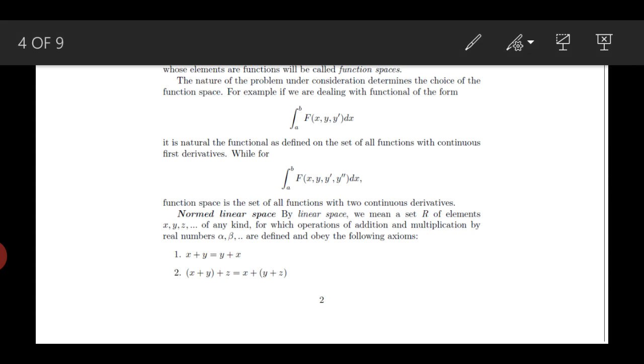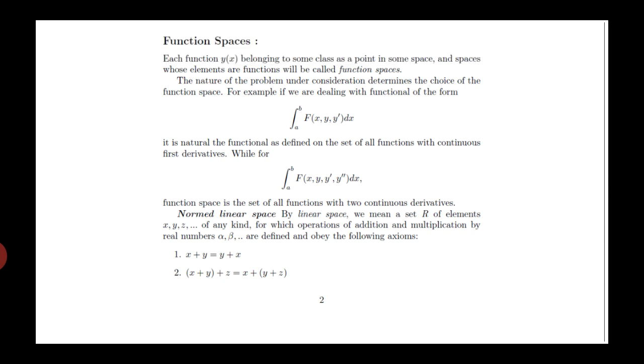Let's take a look at the basic definition: each function y(x) belonging to some class is regarded as a point in some space, and spaces whose elements are functions are called function spaces. How can you decide what kind of function space you have to choose? This depends on the problem, what kind of problem is given to you.